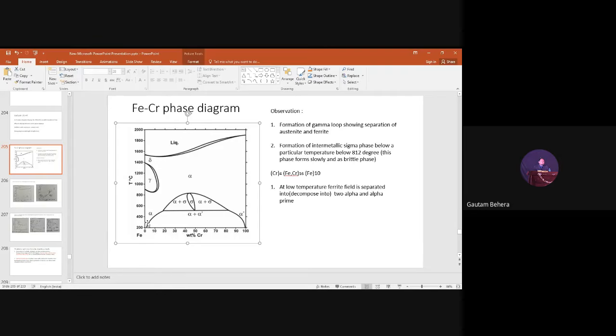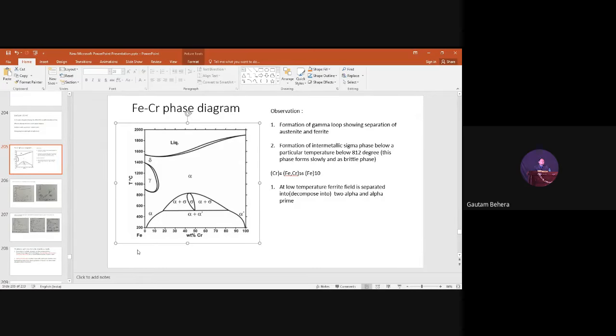And if you remember, iron has different allotropic forms, that is delta ferrite, gamma and alpha, and liquid phase at high temperature. So liquid, then delta, then gamma, then alpha, right? But you can see with addition of chromium what is happening to these things. So what observations can we see?